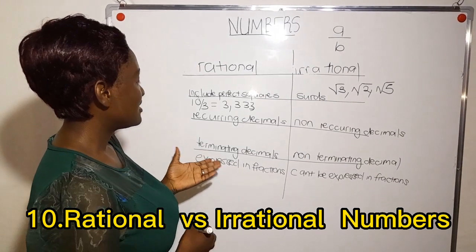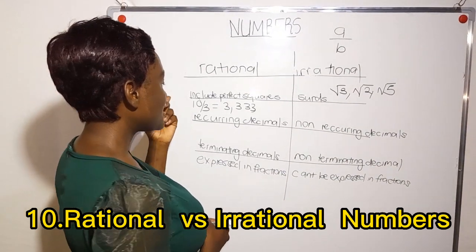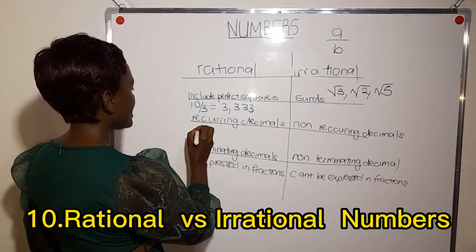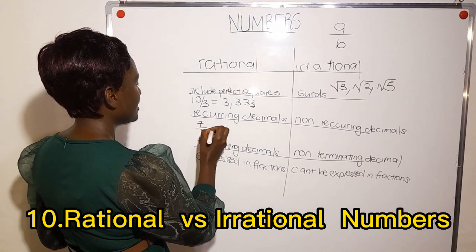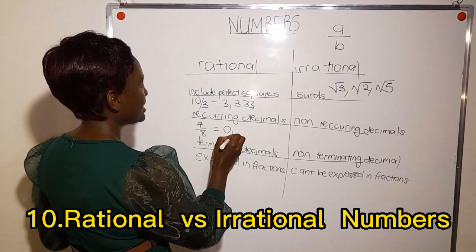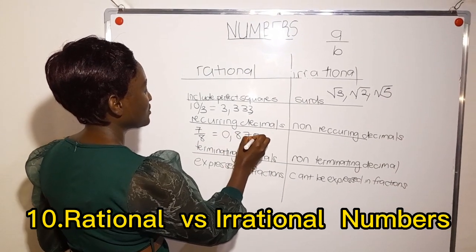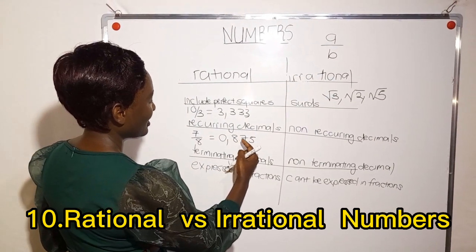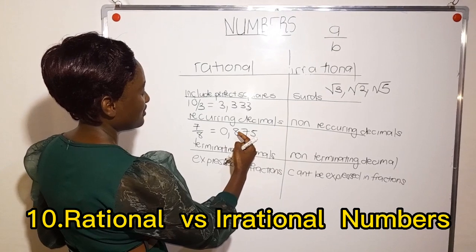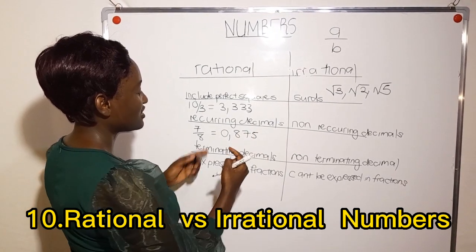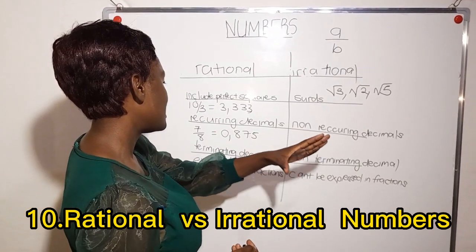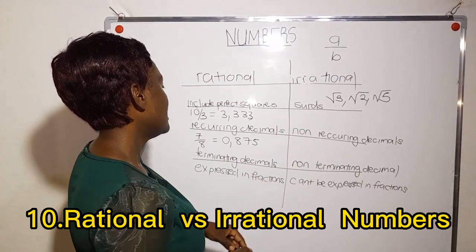And then rational numbers have terminating decimals. For example, if we punch 7 over 8, we are going to get 0.875. It stops at 875, 3 decimal places after the comma, while non-terminating decimals are continuous.